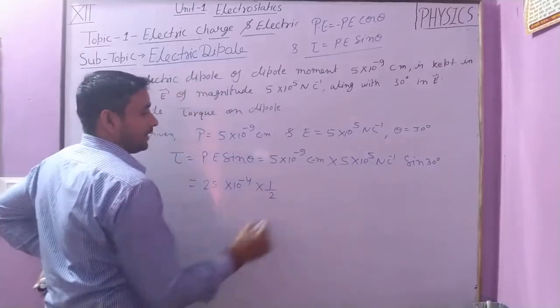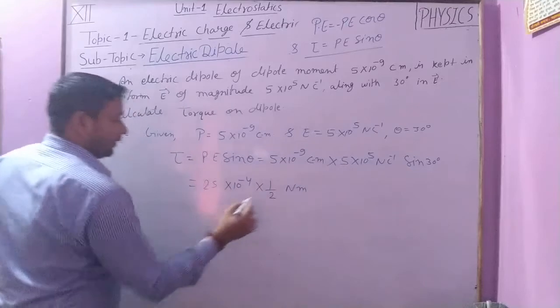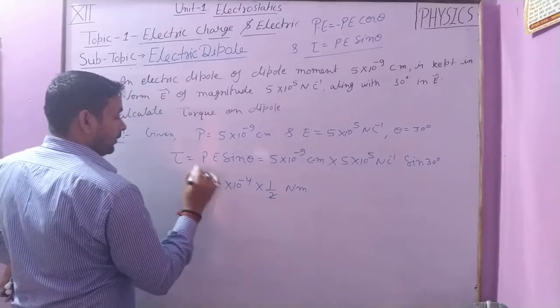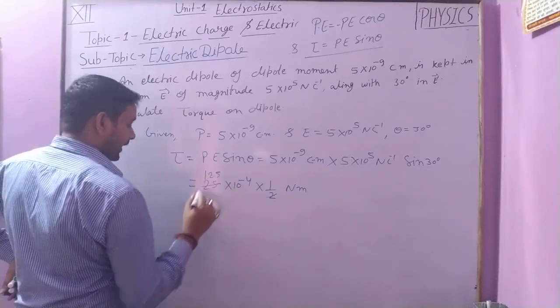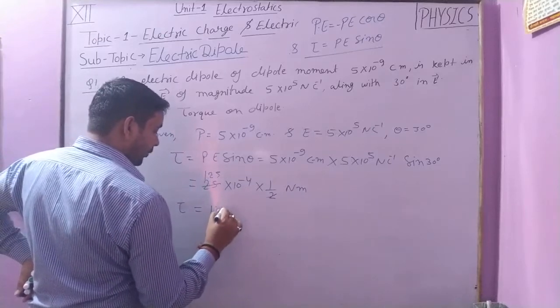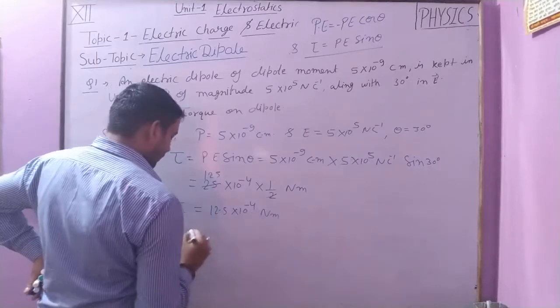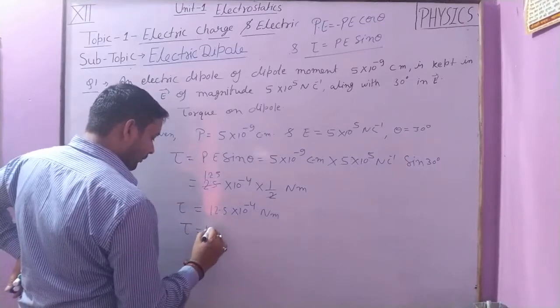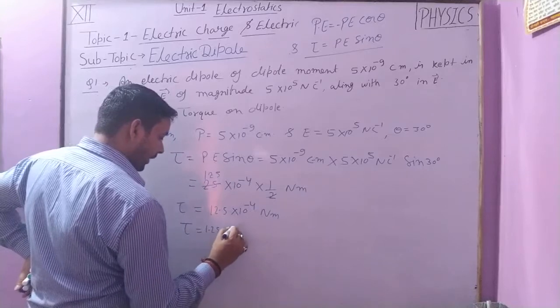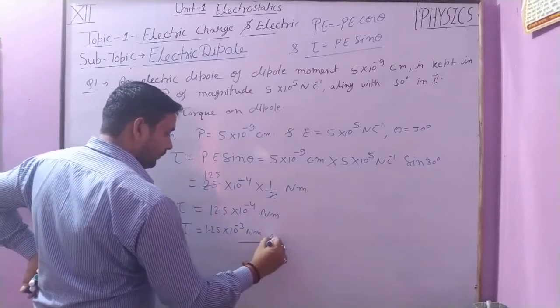Solving this, the torque experienced is 12.5 into 10 to the power minus 4 Newton meter, or you can say 1.25 into 10 to the power minus 3 Newton meter. This is your answer.